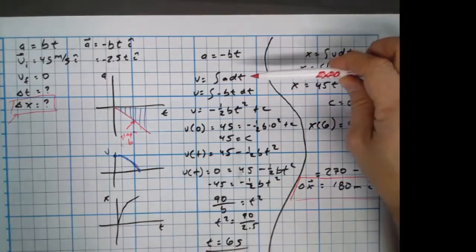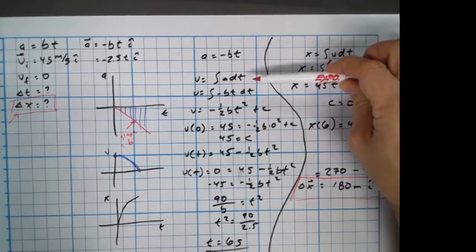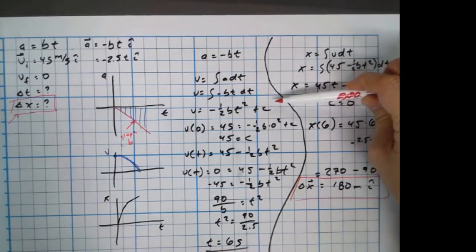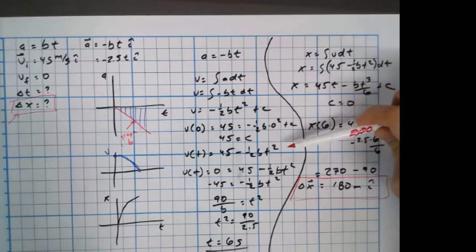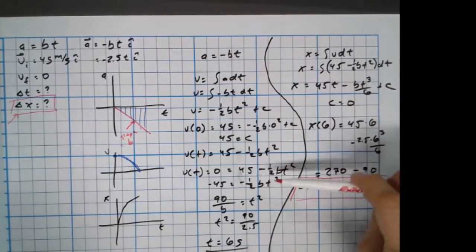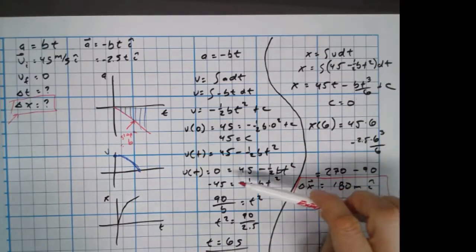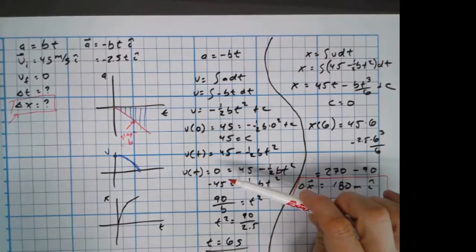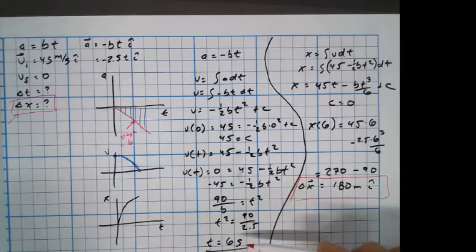And then I did the integral of the acceleration to find out how much the velocity changed, used the constant to show where it started from, and got the full velocity function. Then I solved for the time that it took for the velocity to get to 0. It was 6 seconds. And then I later used that 6 seconds in here in the position function to figure out how far it got during that time.